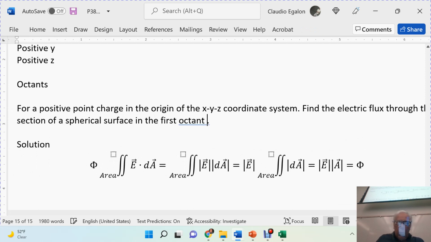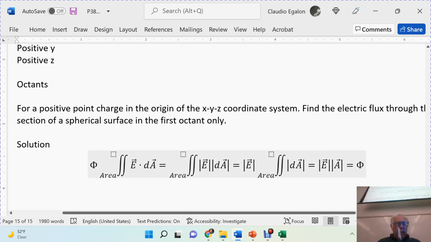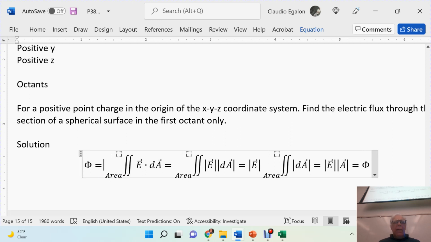It's not a closed surface, it's an open surface. So here you go, flux. Flux is going to be something like that. Okay, here you go, E dot dA. Because the charge is centered, the area vector of the surface is going to be parallel to the electric field of the charge.